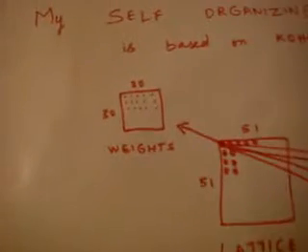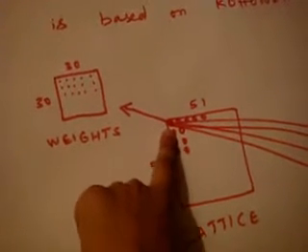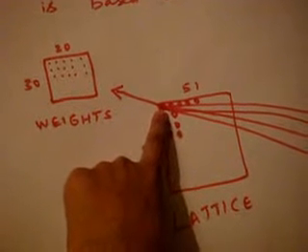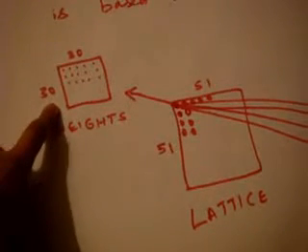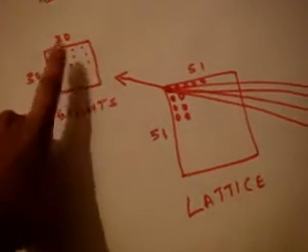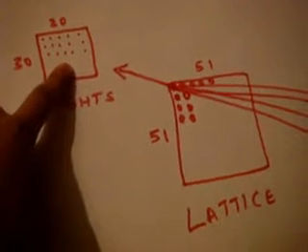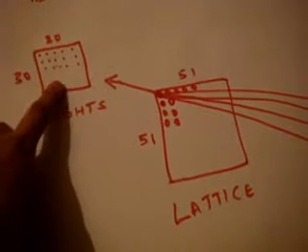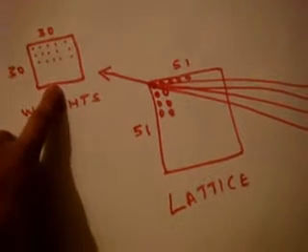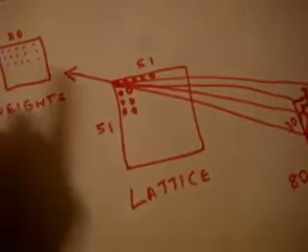Now let's go into each of the points in the lattice. Now this is the point in the lattice, right? And this point in the lattice will have weights, and these weights again are in a 30 by 30 two-dimensional array, which corresponds to the feature map, right?